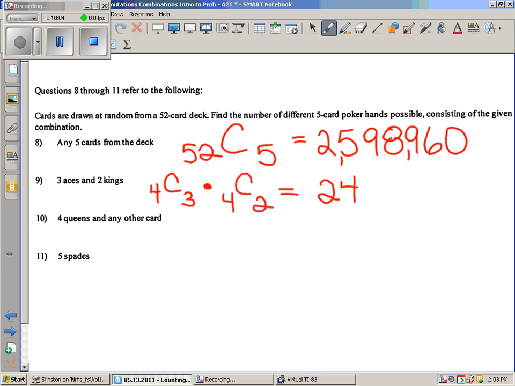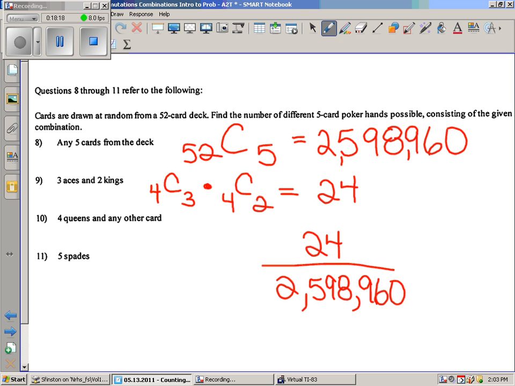The chance of this occurring: there were 2,598,960 different possibilities, and you have a hand. There were only 24 of them. That's the chance. It's like 1 out of every 100,000 times that should occur. You bet everything you got. If you have the pink slip to your car, you put that down as well.